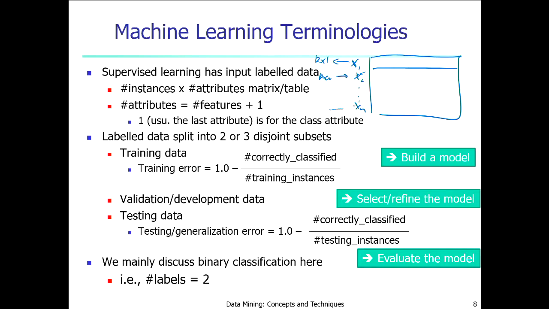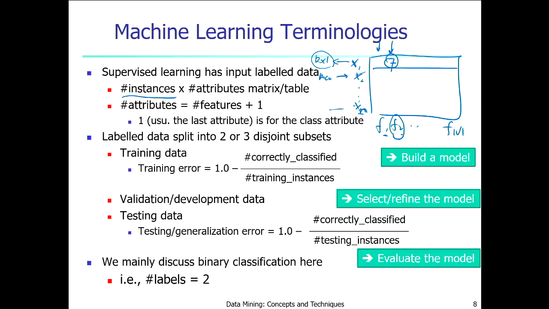So the number of rows is the number of instances, and the number of columns is the number of features: feature 1, feature 2, up to feature, let's say, v. If each feature is how many times a word appears in the document, then a number here such as 7 means the first document contains the second word 7 times. So usually you are looking at this kind of table.